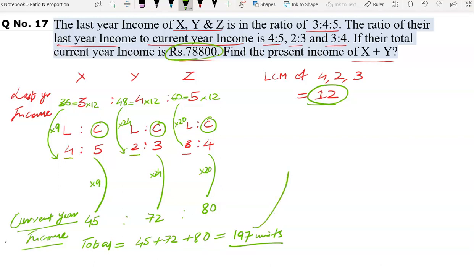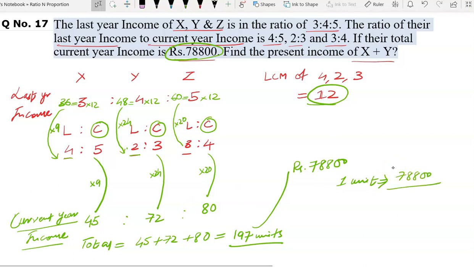So 197 units represent 78800. So 1 unit will represent 78800 divided by 197. If we divide this, we will get 400. So 1 unit is rupees 400.